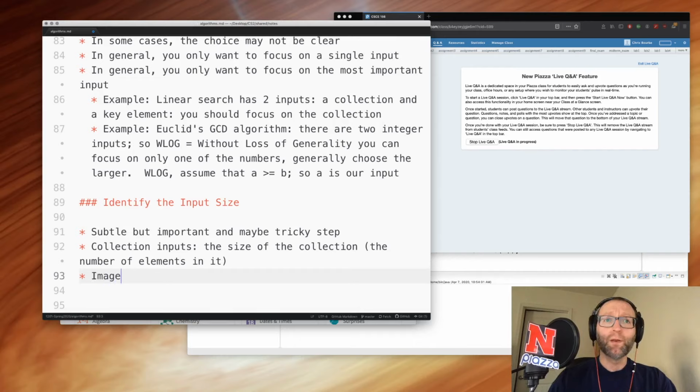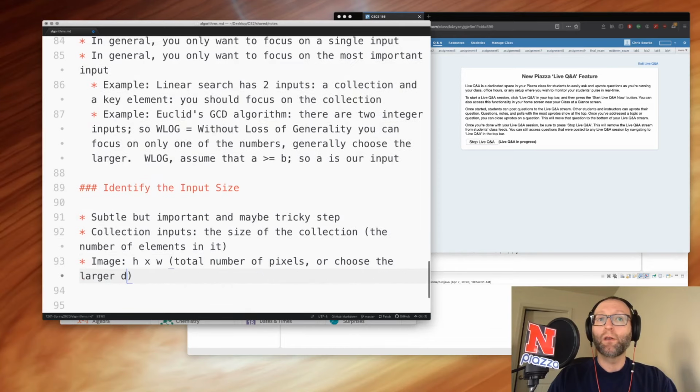What if it's an image, right? An image has a height and a width, right? So a total number of pixels, you could say that it's a total number of pixels. Or choose the larger dimension. Basically, you want to simplify this as much as possible.